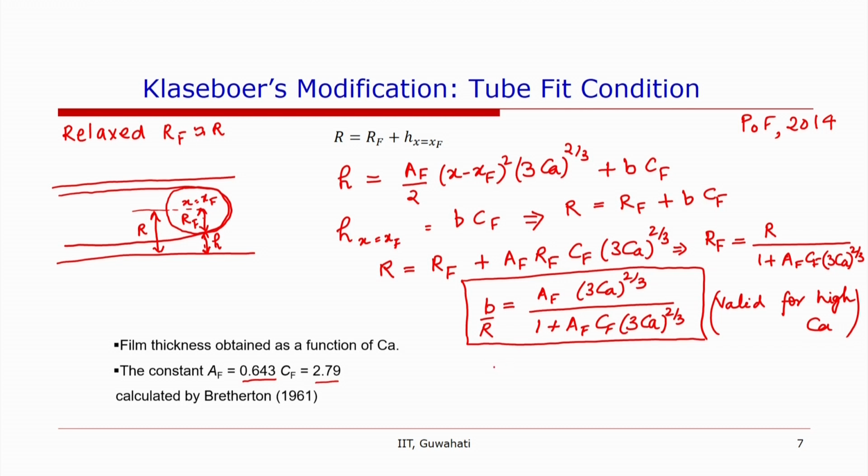So one can get B by R, after substituting the values, equal to 1.34 Ca raised to the power 2 by 3 over 1 plus 2.79 into 1.34 capillary number raised to the power 2 by 3. So one can see from here that the film thickness is only a function of capillary number.